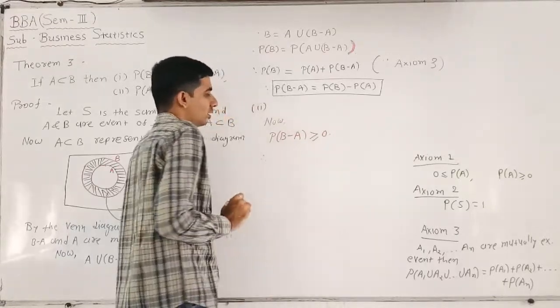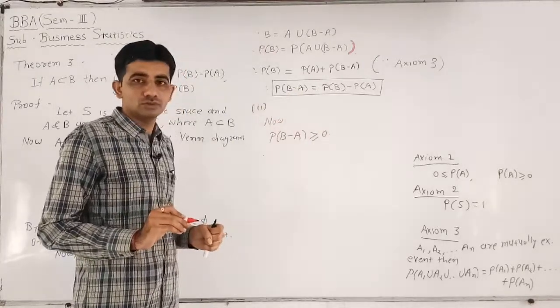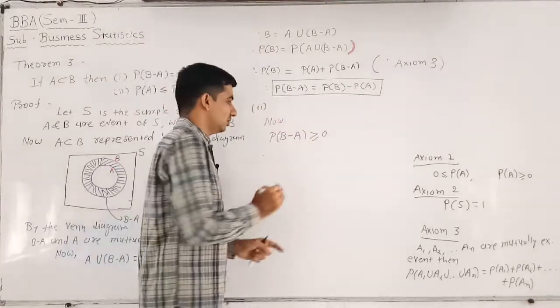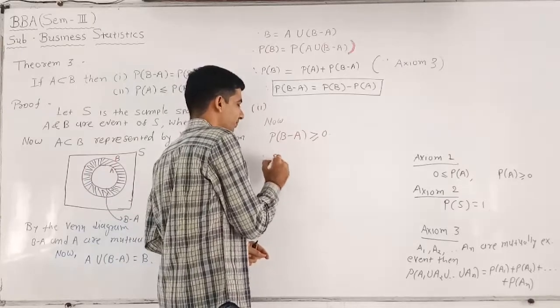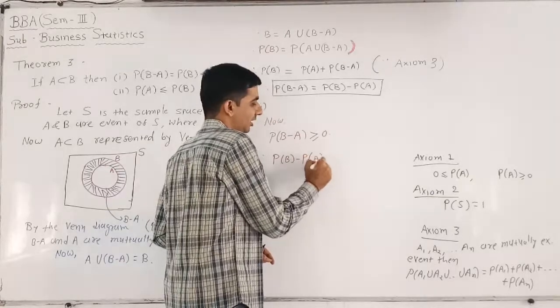Therefore, but P of B minus A is equal to P of B minus P of A. Therefore અહીંયા આવું લખી શકાય P of B minus P of A greater than or equal to 0.